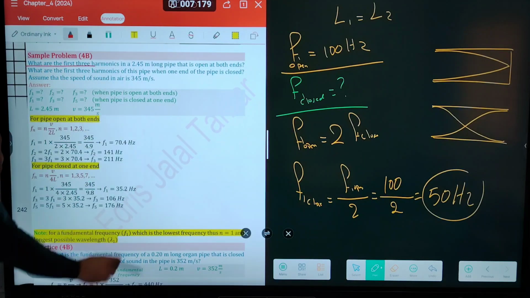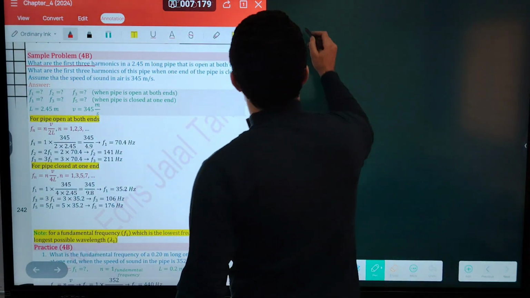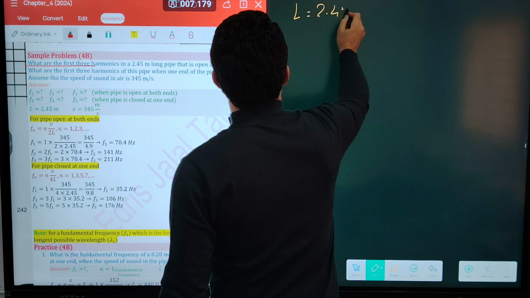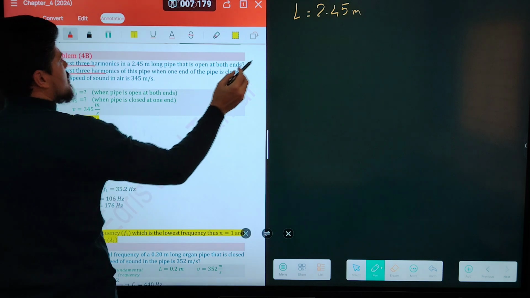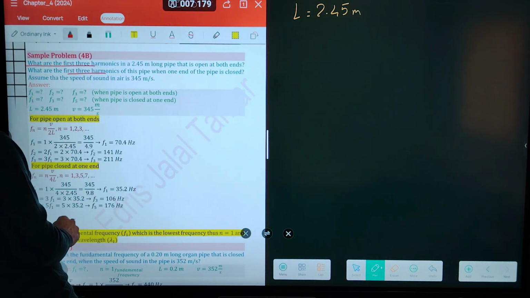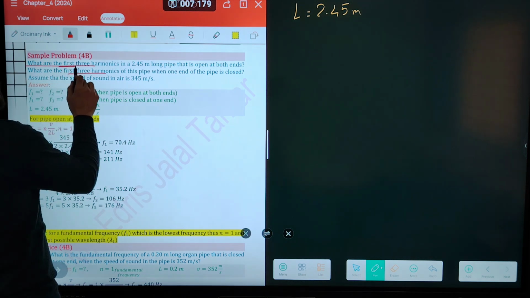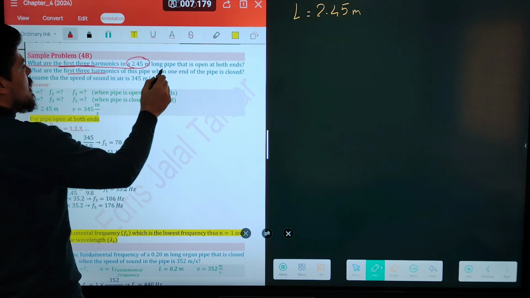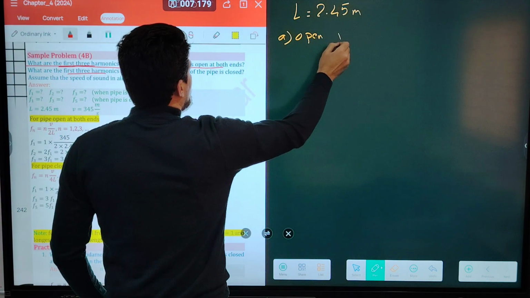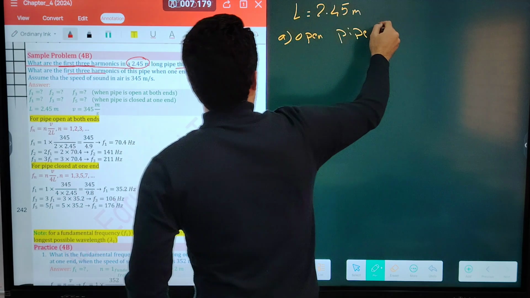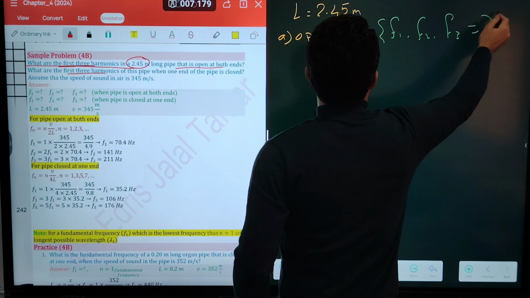Look at sample problem 4b. What are the first three harmonics in a 2.45 meter long pipe? This 2.45 is L. The pipe is open at both ends. What are the first three harmonics of this pipe, and then when one end of the pipe is closed? For the open pipe, the first three harmonics are F1, F2, F3, unknown.